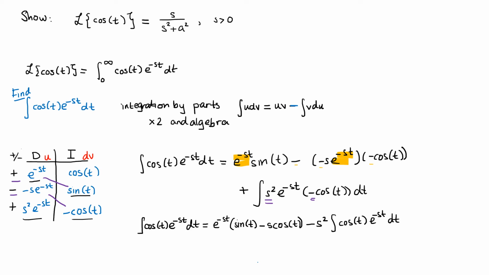Notice what we see now. We have this integral on the left-hand side. It also appears on the right-hand side. So what we can do is solve for that integral. By adding the copies of s squared cosine of t e to the negative st dt to both sides, this gives us a factor of 1 plus s squared in front of this integral.